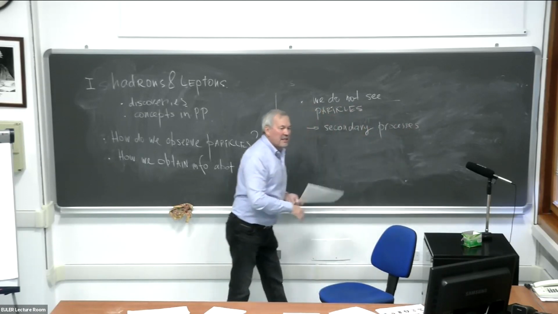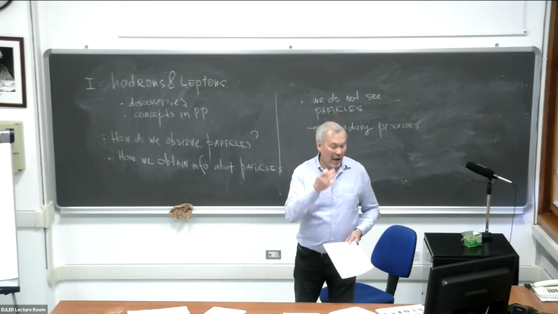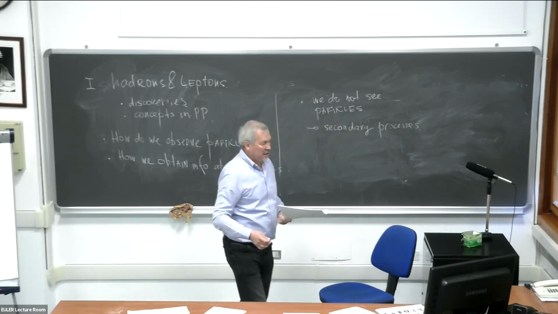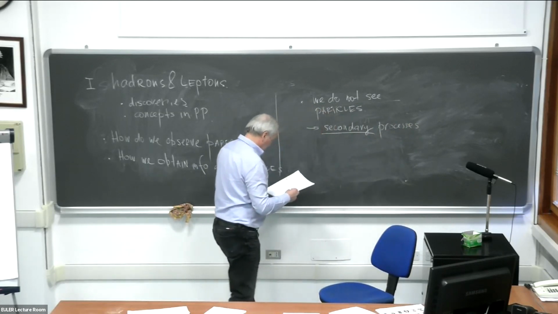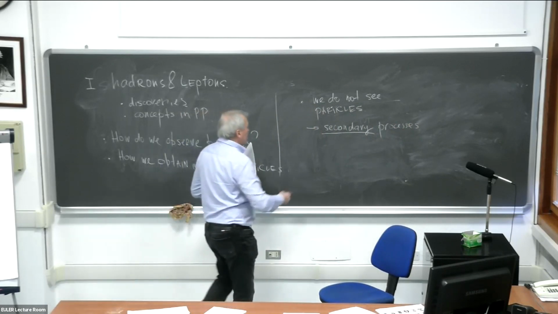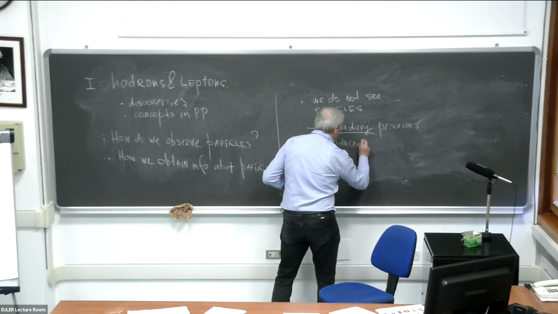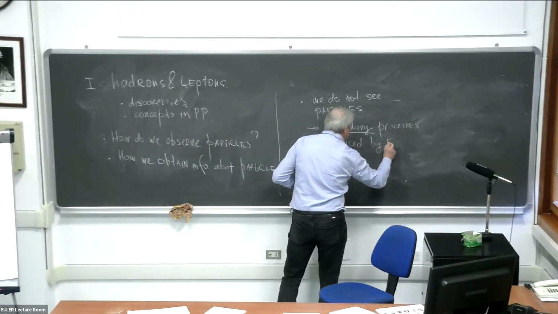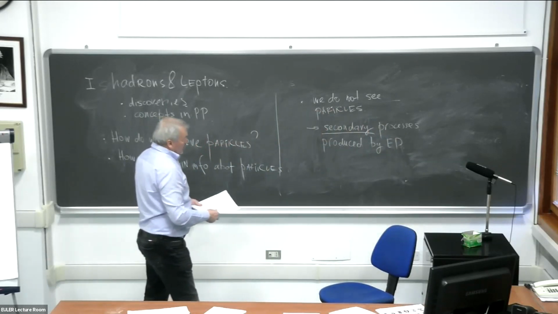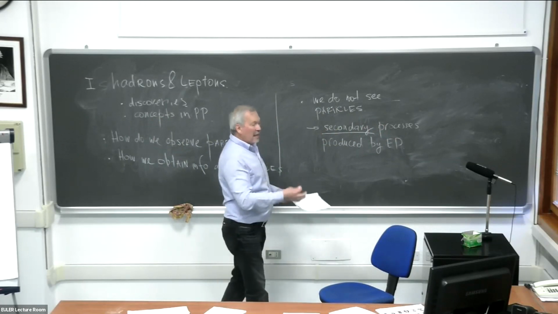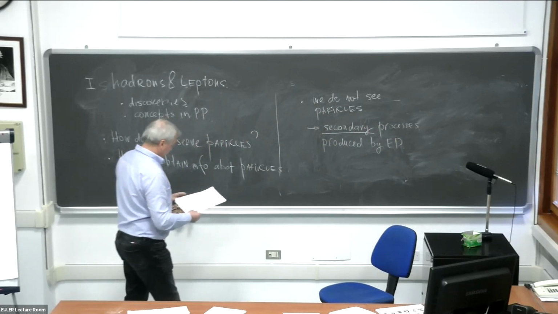In most of the cases, there are macroscopic processes, which you really can see by eye or by some trivial devices. So we see secondary processes produced by elementary particles. And again, in most of the cases, these are classical processes and macroscopic size processes.